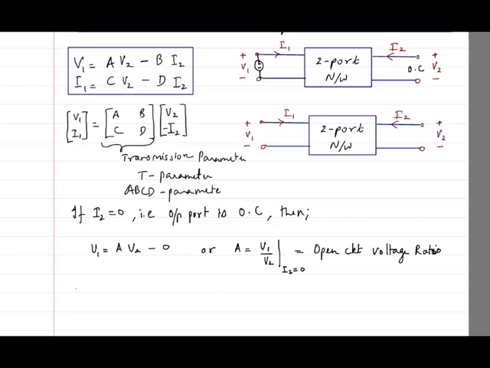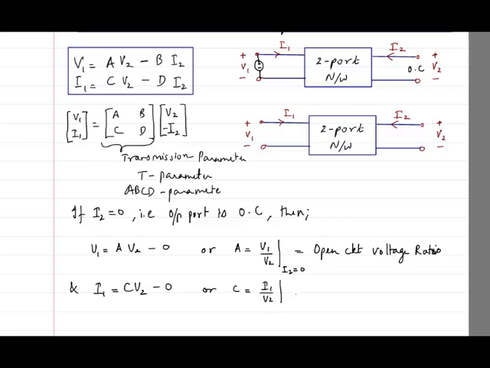Next, the second equation. In the second equation, I will get I1 equal to CV2 minus 0, or I will get the value of C as I1 by V2. So what is this? This is admittance, correct? But it is admittance between the input and the output. That's why I1 is the first port and V2 is the second port.